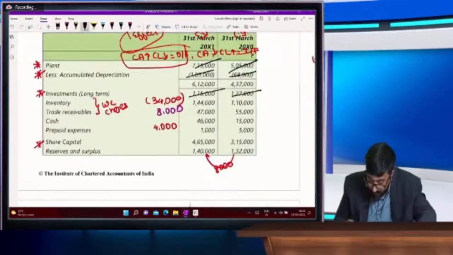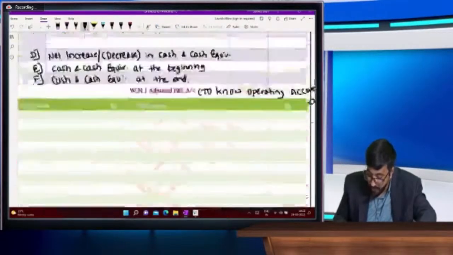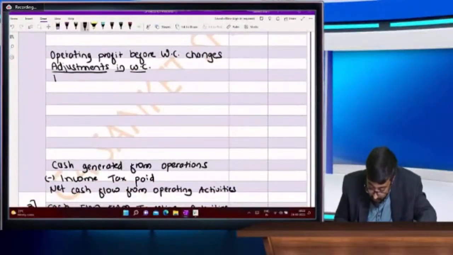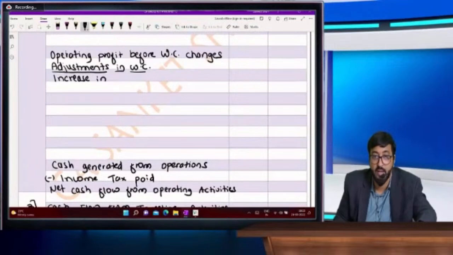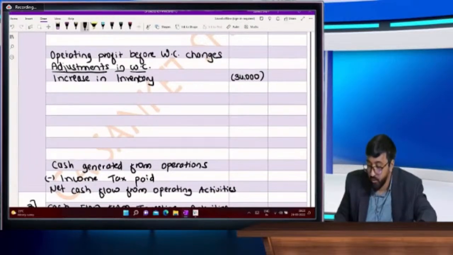Line by line. Inventory, increase in inventory in cash flow statement line by line. Increase in inventory, adjustment in working capital, where you are going to write it, adjustment in working capital, increase in inventory 34,000, negative 34,000.